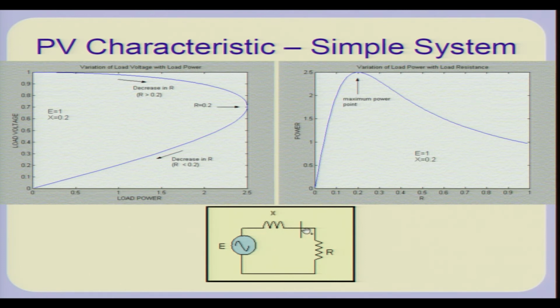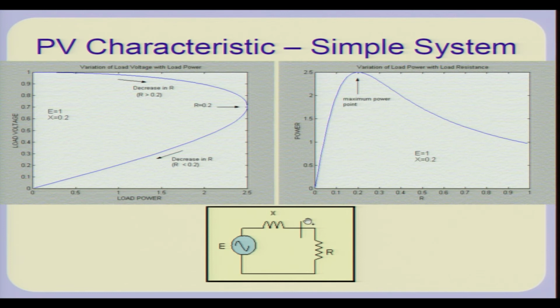The load is a resistive load, and the transmission and synchronous machine reactance is completely reactive. Under these circumstances, if I reduce the resistance of the load, these values being normalized or per unit values, you will find that the power increases, because as the resistance reduces, V square by R increases.